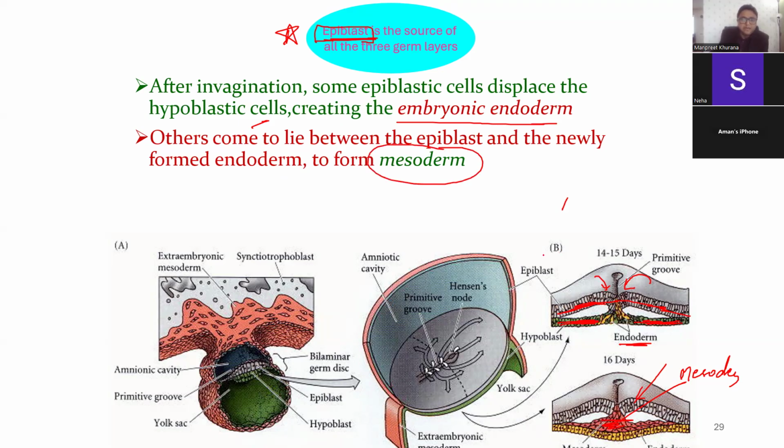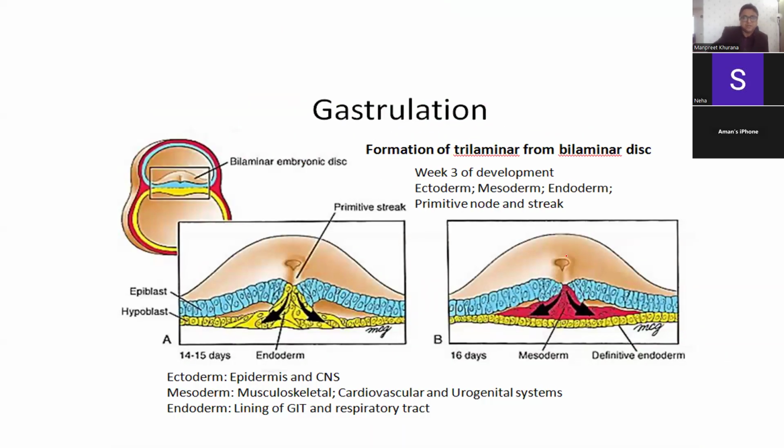At this point we have to understand that invaginations are occurring, and the epiblastic cells displace the cells of the hypoblast to give rise to endoderm and mesoderm. This is gastrulation. Again, the definition of gastrulation is the formation of the trilaminar disc from the bilaminar disc in week 3 of development, forming ectoderm, mesoderm, and endoderm.